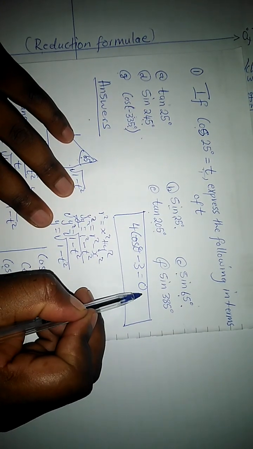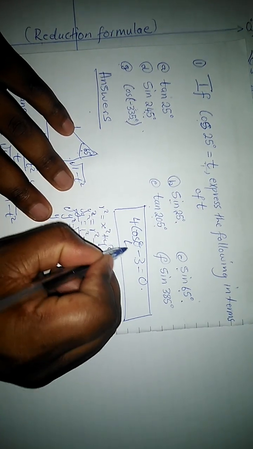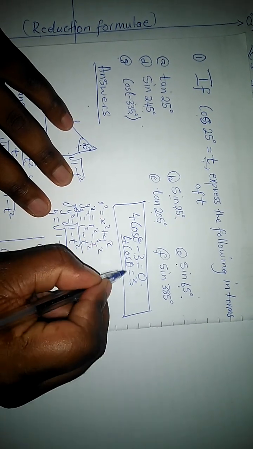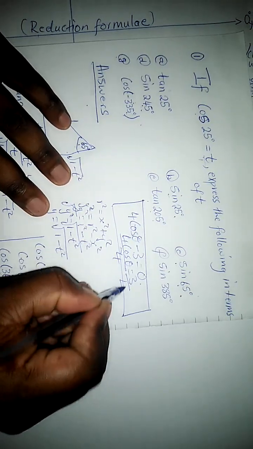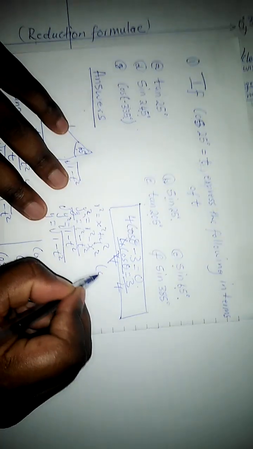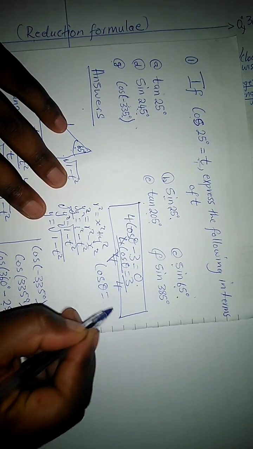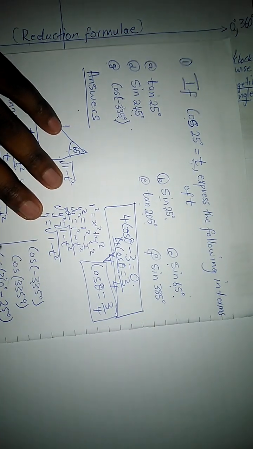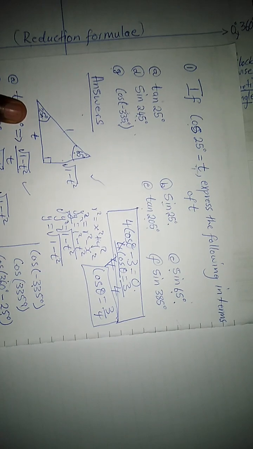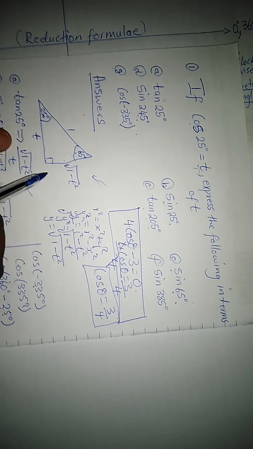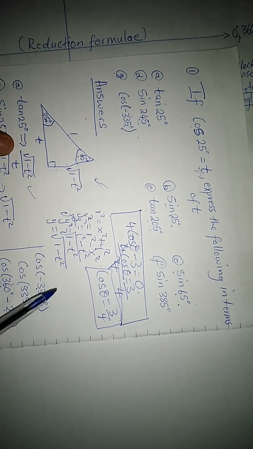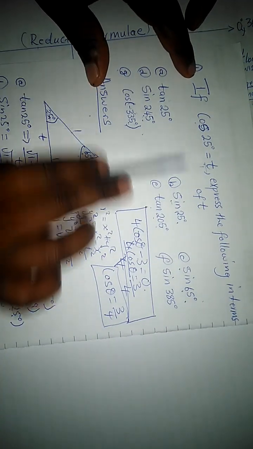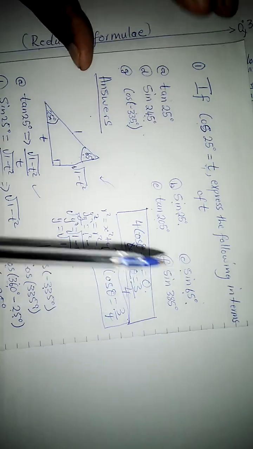Eventually you must transpose this to the other side, having 4 cos of theta equals 3, and then divide by 4, then cos of theta should be equal to 3 over 4. Then from here you draw your diagram like this one, okay? After drawing the diagram, you find the missing side.